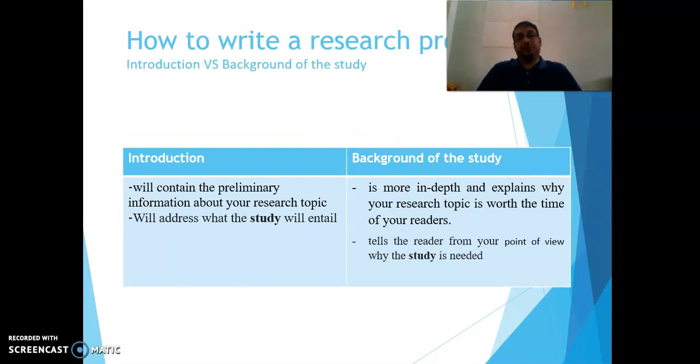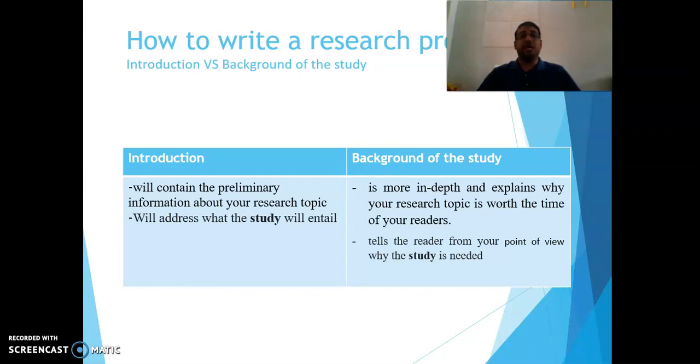Okay. Then let me discuss what is the difference between introduction and background of the study, because we include introduction in the research proposal. Sometimes we write background of the study in the research proposal. So what is the difference between introduction and background of the study? Yes, there is a difference, so you should not be confused.